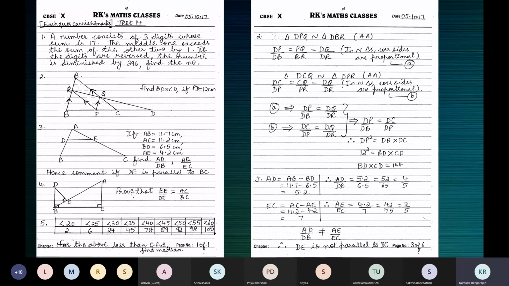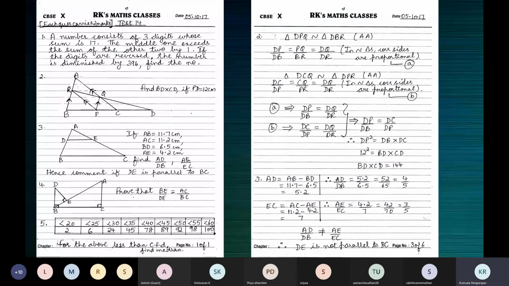Are they corresponding? Yes, ma'am. Yeah, they're corresponding angles. Oh, sorry, they're alternate interior angles. Very good. Okay, so then you say that they are similar. By AA similarity criterion, they both are similar.